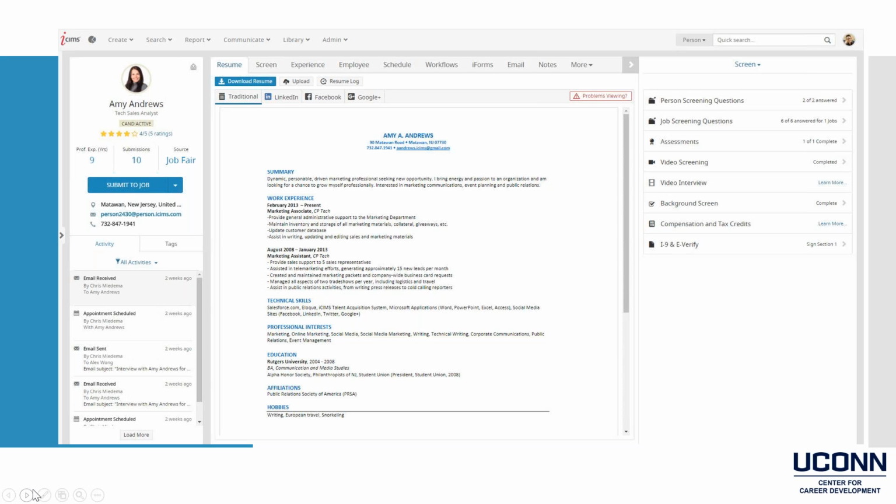So it's pretty extensive when you start to dive into these systems and see all the information that the employer is gathering. And the name of the Applicant Tracking System is right up there in the top left corner. iCIMS is the system there.